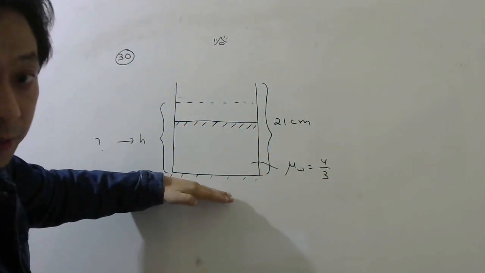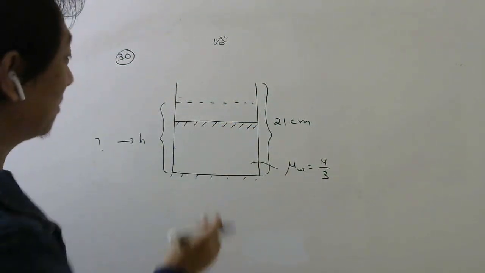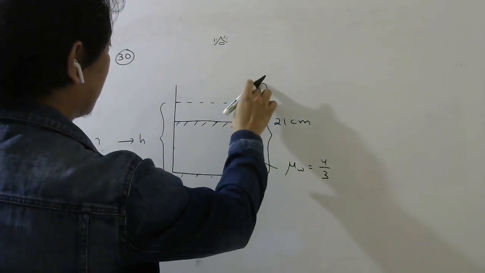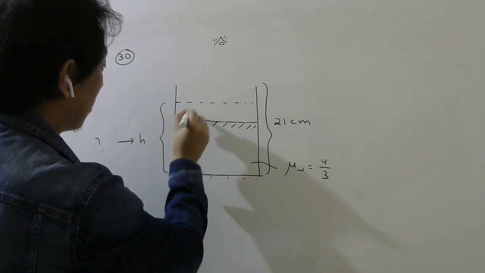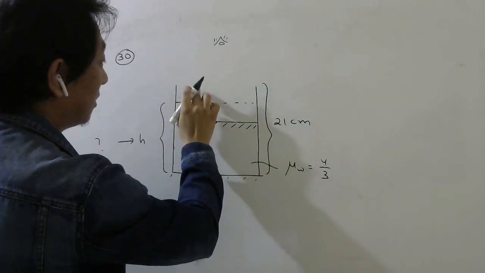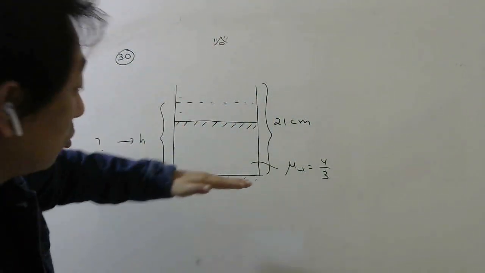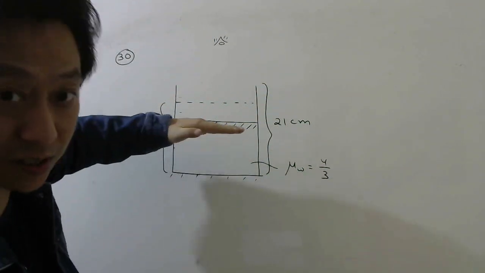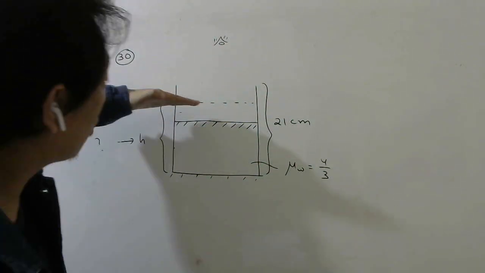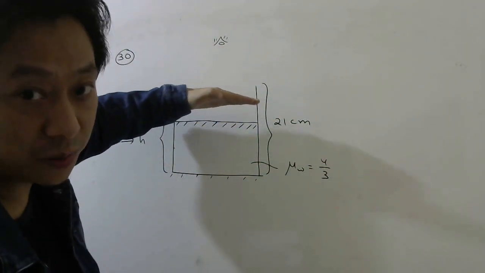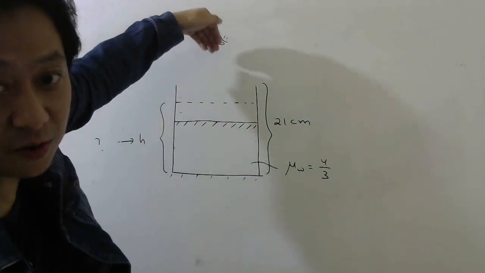So if this bottom appears to be here, this much shift, I know I have shown a very large shift. Then when you see from here, you will see that this much is water and this much is empty, so half half. So you will feel it is half filled. So the bottom should be raised such that this distance and this distance are the same. So the top of the water should be seen at such a distance that this and this are same when you see from here. Understood?